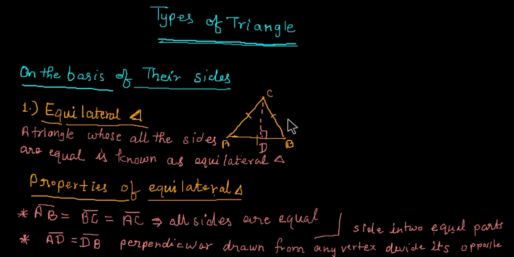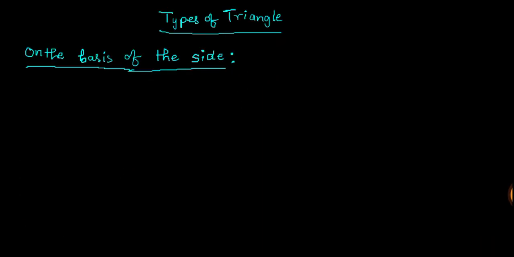Now let's discuss another type of triangle on the basis of their sides. The second one is the isosceles triangle.